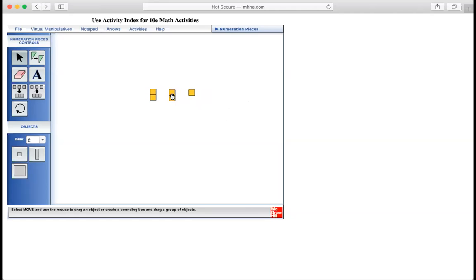And now we have 2 sets of 2, so we can regroup it again. I know I had 7 at first, I'll put those last 2 out.